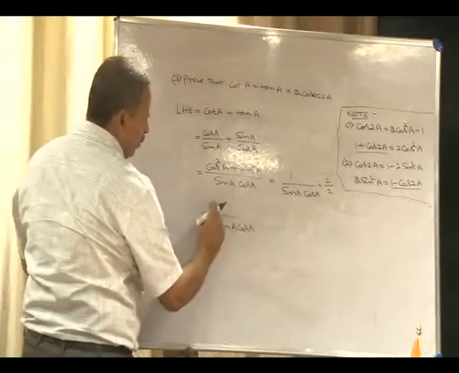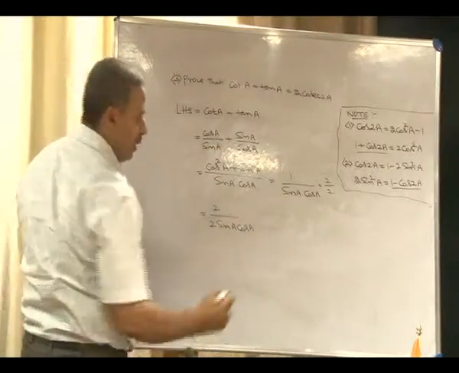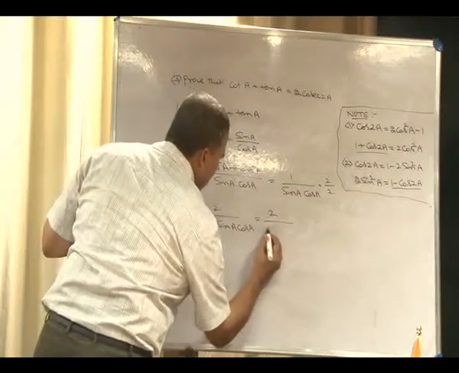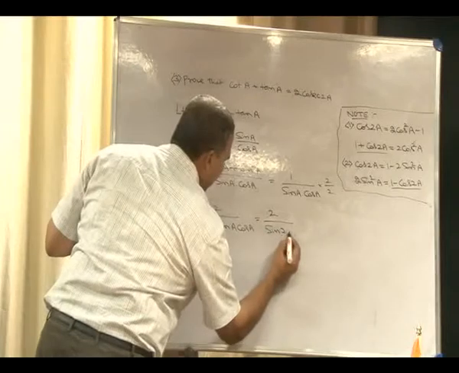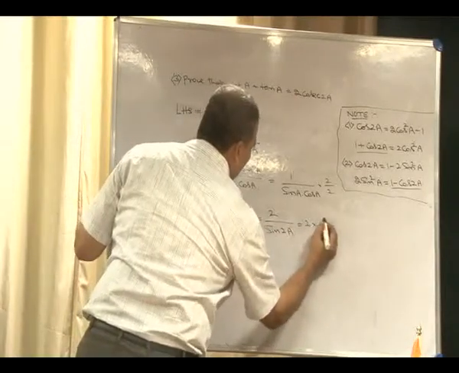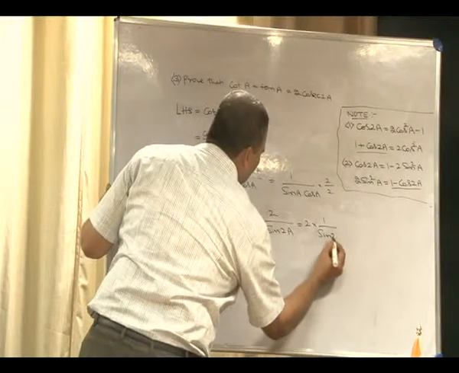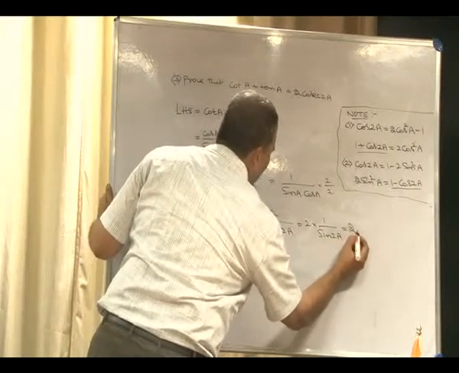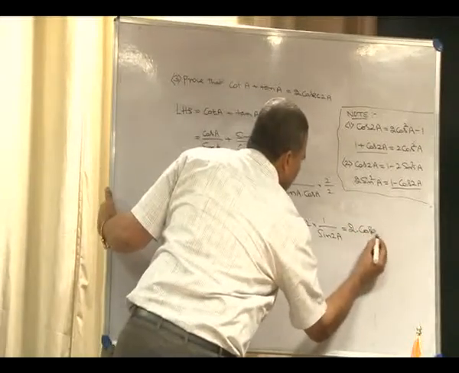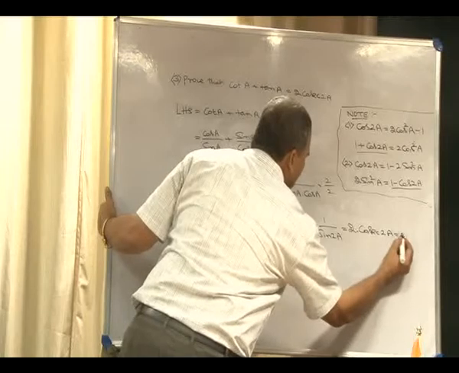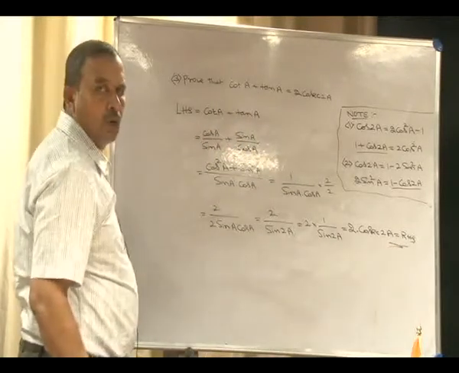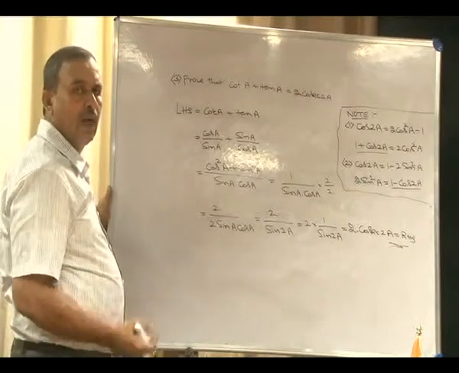Then we get 2 by 2 sin a cos a, that is equal to 2 by sin 2a, that is equal to 2 into 1 by sin 2a. 1 over sin is cosecant, that is 2 cosecant 2a, that is equal to RHS.